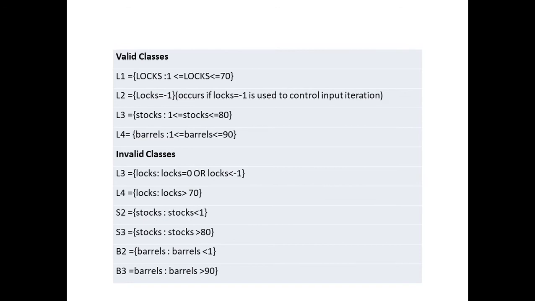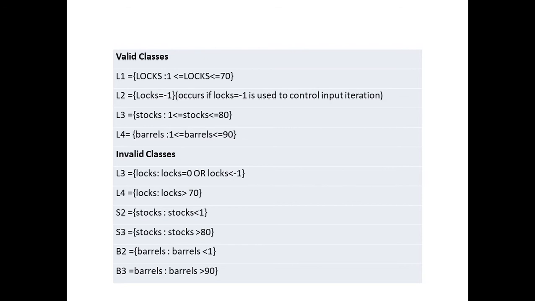And next is locks equal to -1. It is used to control the input iteration. That is, once the salesperson finishes with the sale of the month, he will send a report, or he will send a telegram to the gunsmith to calculate the sales and the commission.